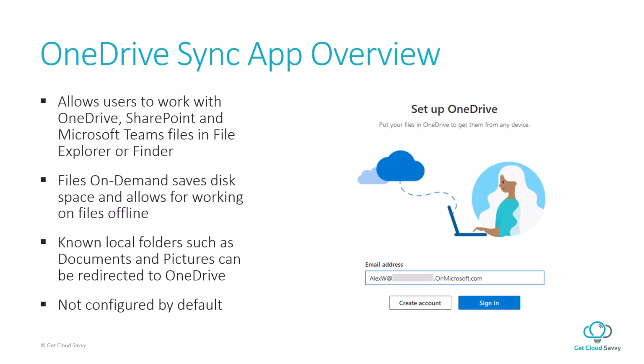Let's start with an overview of the OneDrive Sync App. The OneDrive Sync App allows users to sync files from their local workstation to OneDrive for Business, SharePoint, and Microsoft Teams in the cloud and vice versa. When a user creates a new folder or modifies a file, the changes are synced to the cloud. The Files on Demand feature creates a placeholder for cloud-based files to conserve disk space on the local workstation.